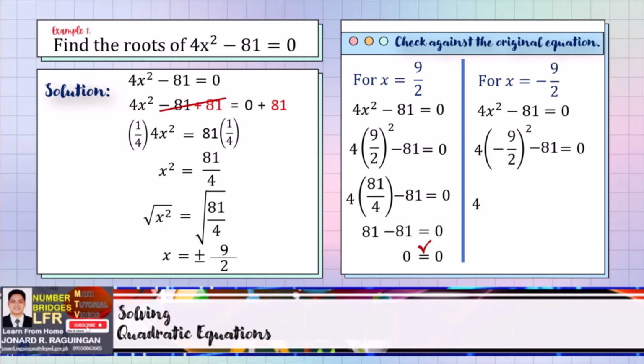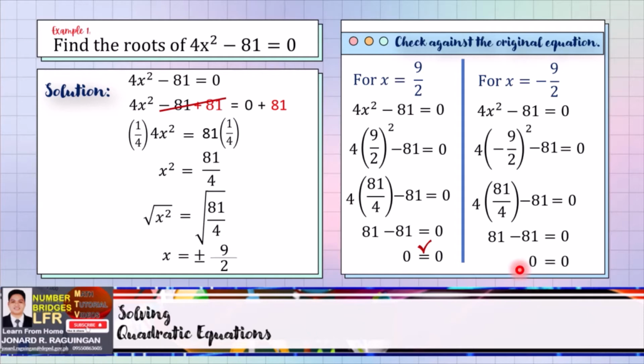4 times the square of negative 9 over 2 is positive 81 over 4, minus 81 is equal to 0. Simplify. 4 times 81 over 4 is 81, minus 81 is equal to 0. Simplify. 81 minus 81 is equal to 0.